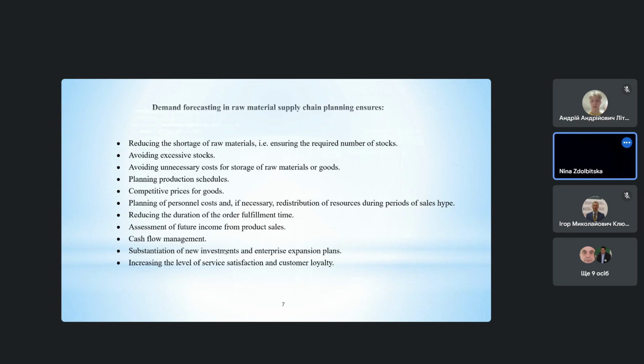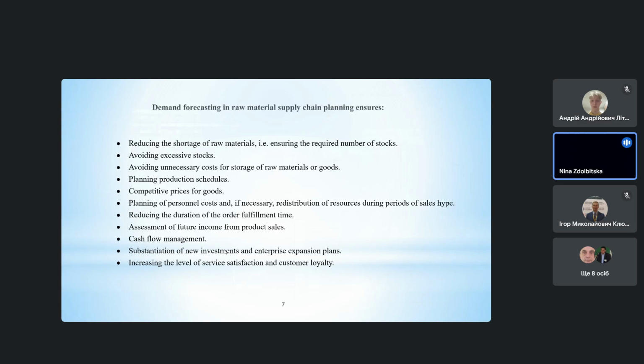planning ensures reducing the shortage of raw materials, namely ensuring the required number of stocks, avoiding excess stocks, avoiding unnecessary costs for storage of raw material and goods, planning the production schedule, competitive price of goods, planning the personnel cost, and if necessary, redistribution of resources during the period of sales.